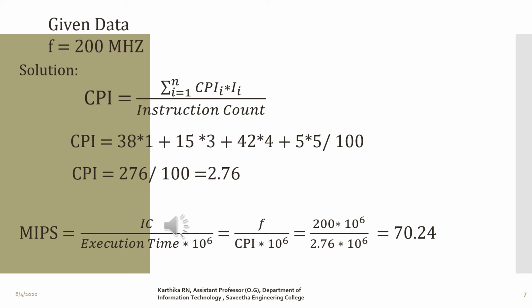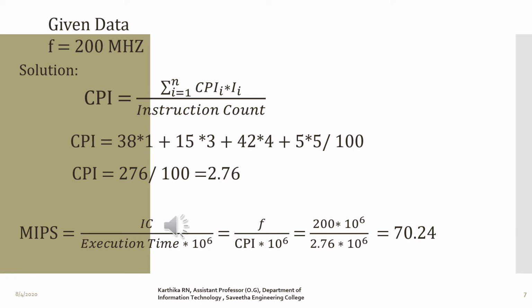Here we have the categories: ALU, that is 38 into 1, plus load store 15 into 3, plus branch 42 into 4, plus others 5 into 5.